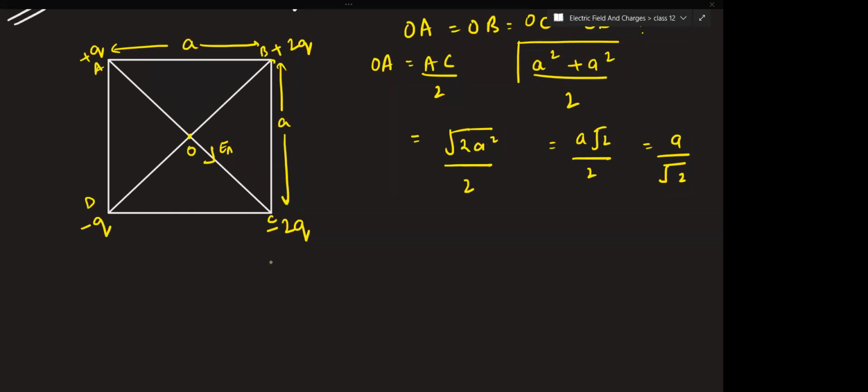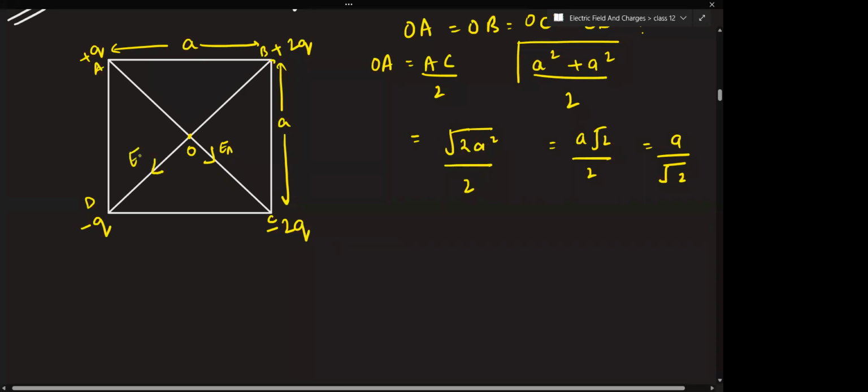This won't be towards B. It will be towards OD. For positive charges, the electric field is directed away from the charge. Towards B will lead you towards the charge. Towards D will lead you away from the charge. So this will be EB.